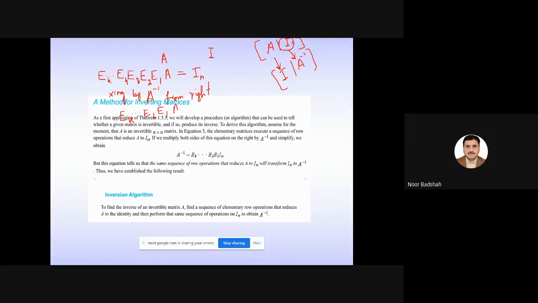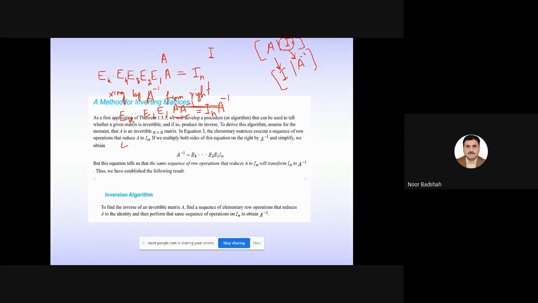Into A multiplied by A inverse equals identity matrix multiplied by A inverse. Now you know that A multiplied by A inverse is identity matrix.